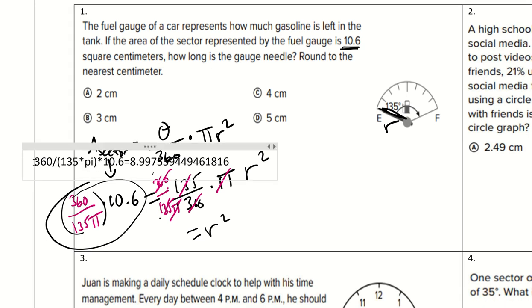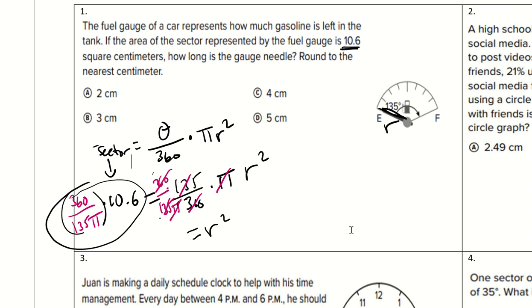Okay, I went ahead and typed it in here, and I got about 8.99. So this is about 9, basically. I get about 9, interestingly enough. And then to get r, I've got to take the square root. So r is approximately 3 centimeters.